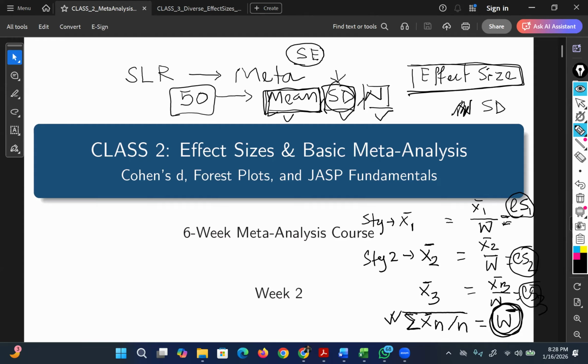So the standard error means that every study has its own sample size, and the sample sizes differ from study to study for probabilistic reasons, because all these are sampling distributions. We are putting it in a normally distributed bell-shaped curve.